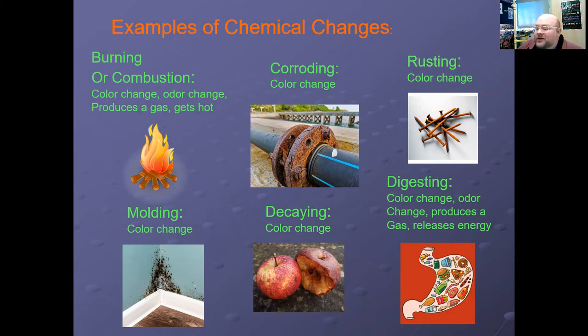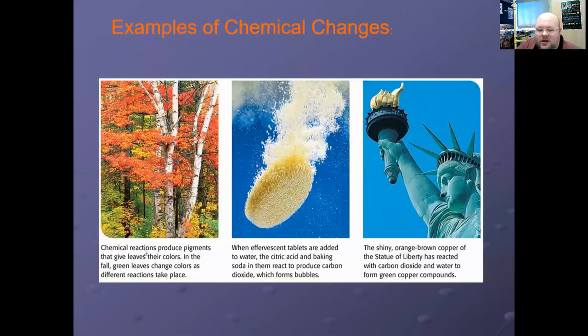You can't undigest things that you've eaten or drunk. So these are all chemical changes. They're irreversible. Same here. If you look at plants in the fall, when the leaves start turning from green to red or orange or yellow, chemical reactions inside those leaves produce pigments that change the colors. So a chemical reaction occurred.